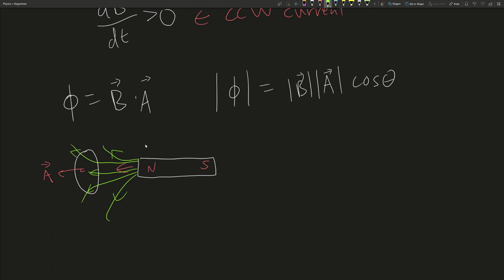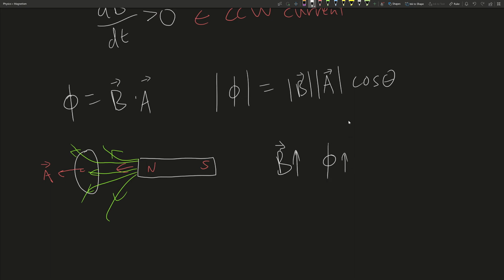But as we bring this magnet closer, the number of field lines crossing through this area increases, or basically, the magnetic field strength increases as we bring the magnet closer to this loop. And if the magnetic field strength increases, then the flux is going to increase as well.